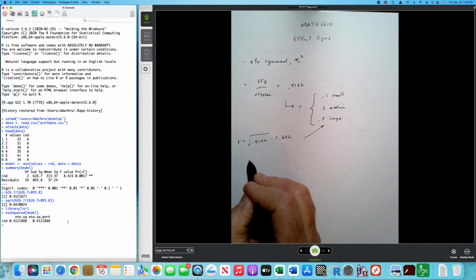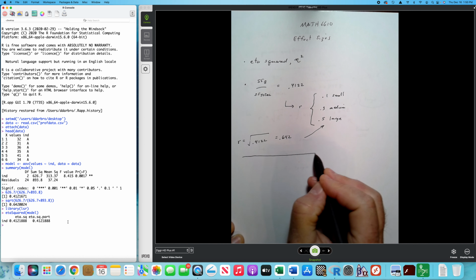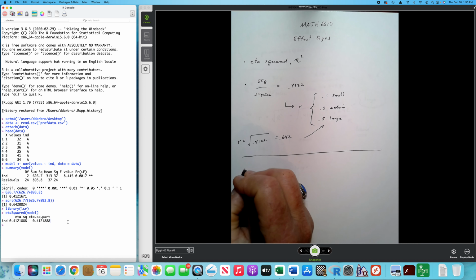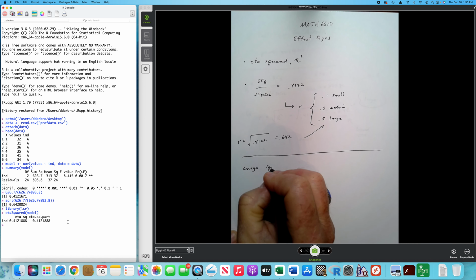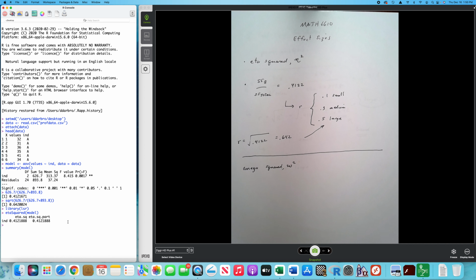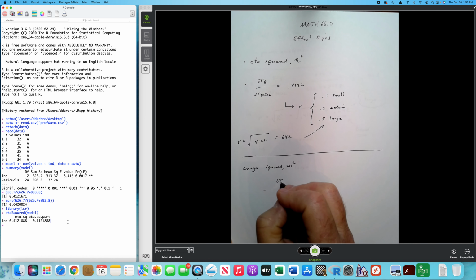So what I do want you to use, however, it's got an interesting feature because it helps us in calculating our power, is omega squared. Omega squared just kind of looks like a w squared. The formula for this is not too bad.